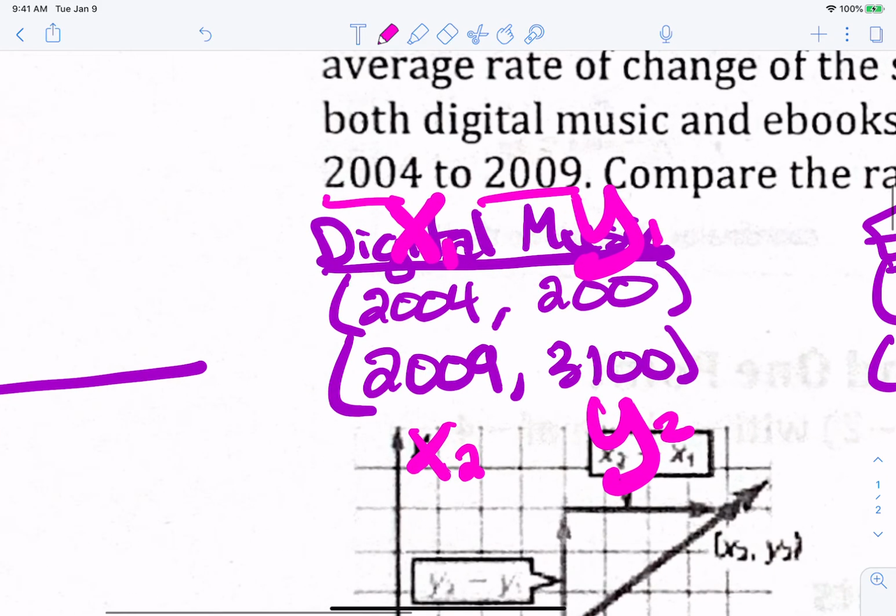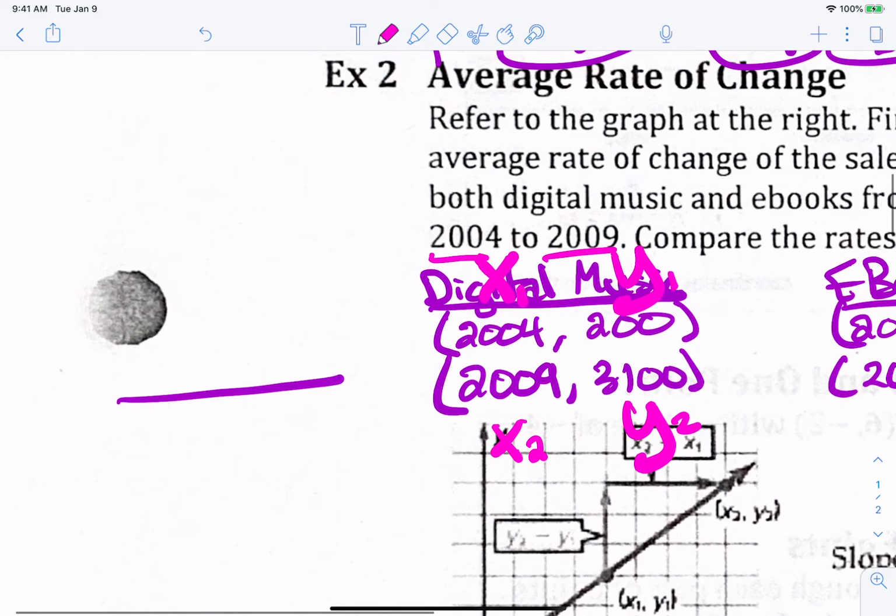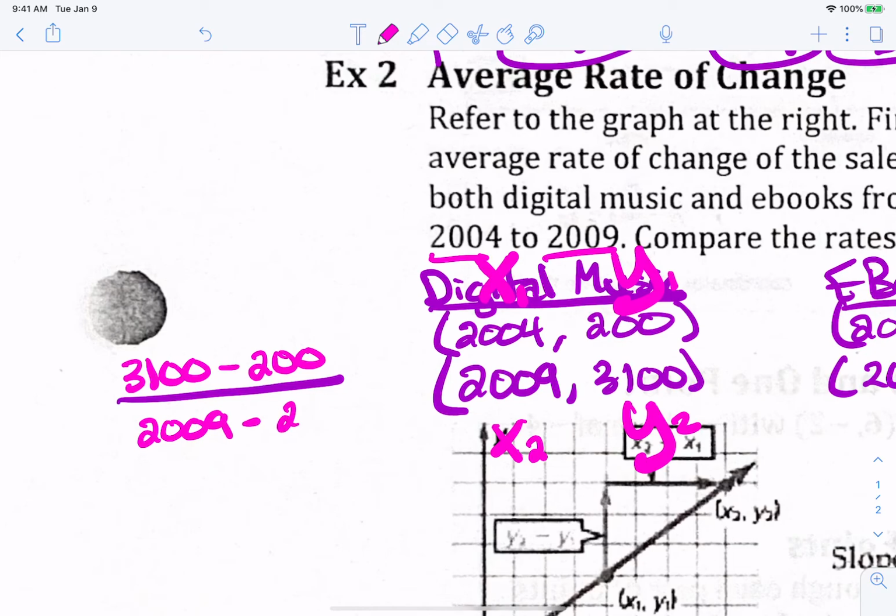Yep. Okay, so we want to do Y2 minus Y1. Y2 is 3100 minus 200 over 2009 minus 2004. Okay, 3100 minus 200 is 2900. Good math. 2009 minus 2004 is 5. 5 years.